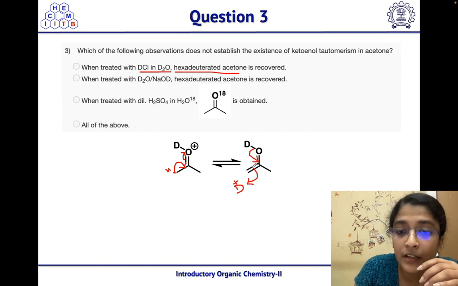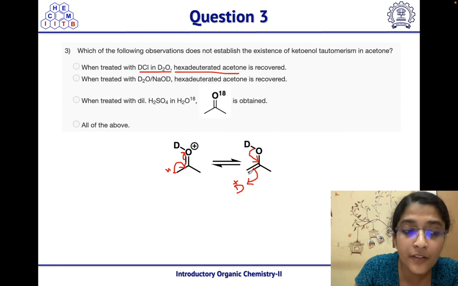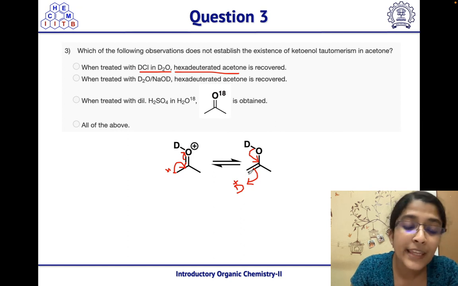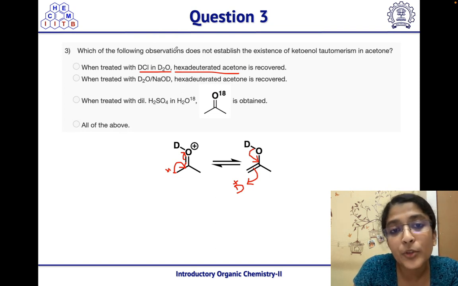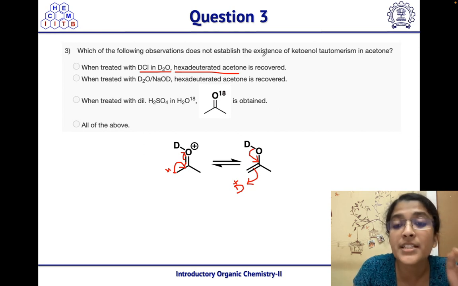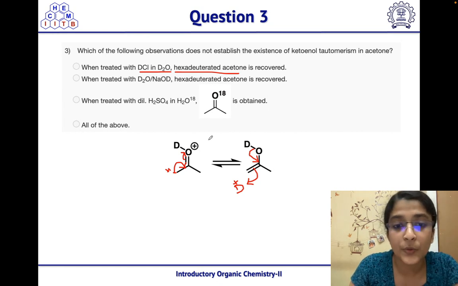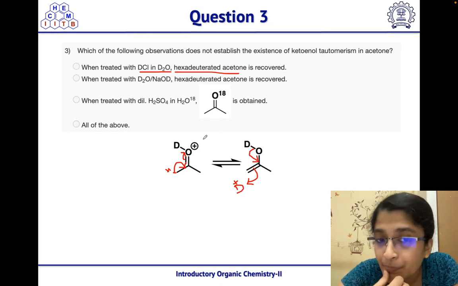Once this deuterium is abstracted, again there will be a proton in acetone that will be abstracted from the system, and when this form comes back, it will abstract deuterium from the solvent, and finally we will be able to obtain hexadeuterated acetone. So this option can establish the existence of keto-enol tautomerism in acetone. This is clear, right?